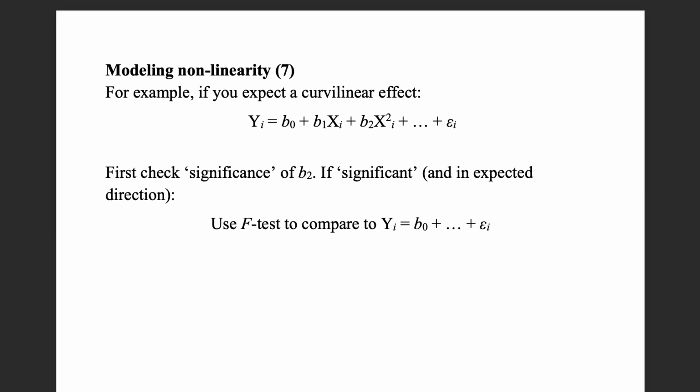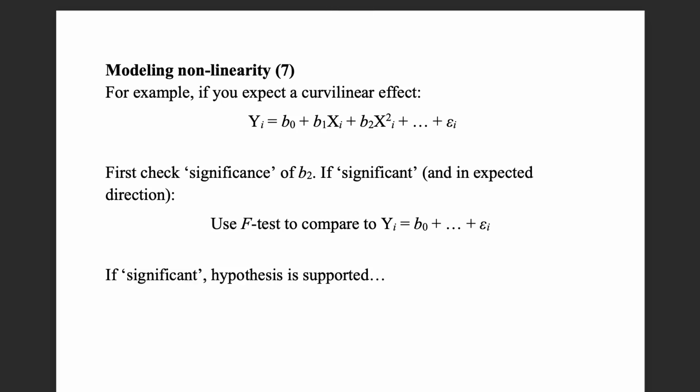So a model where you don't have x or x squared included, and you can use an F-test to compare those models because they are nested models. The model without x and x squared is a restricted version of the model with x and x squared included.